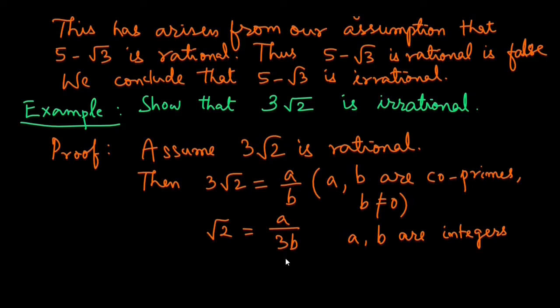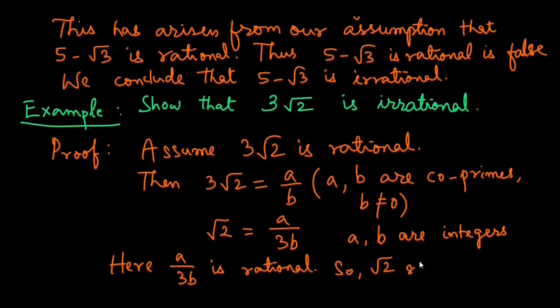In the denominator 3b, 3 is an integer and b is an integer, so 3b is an integer. Integer by integer is a rational number. Here a by 3b is rational, so root 2 should be rational.